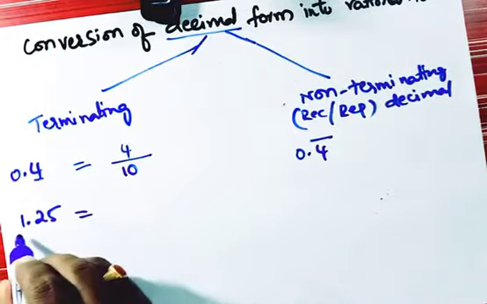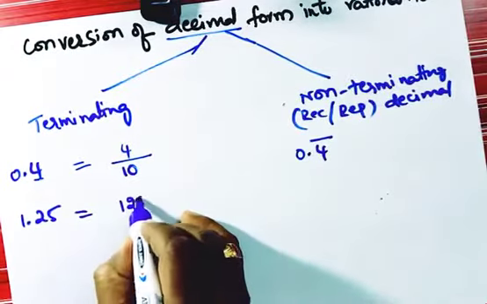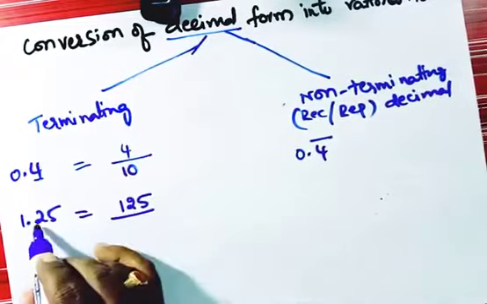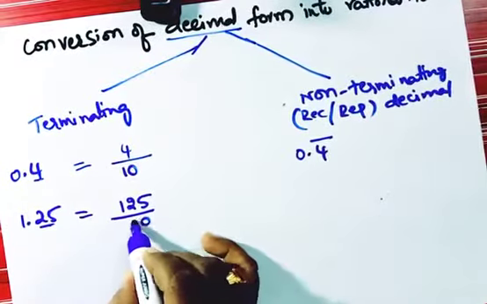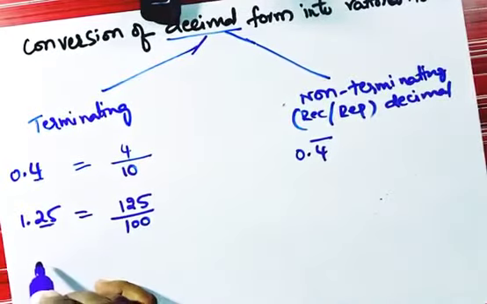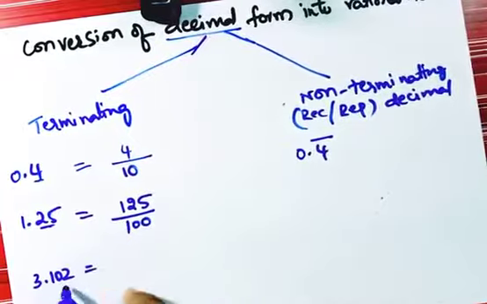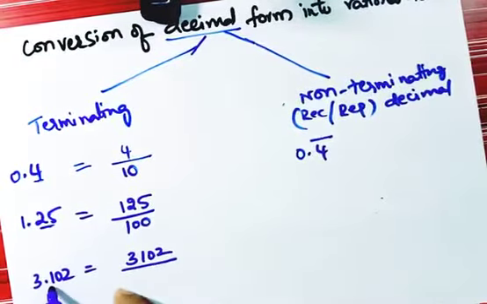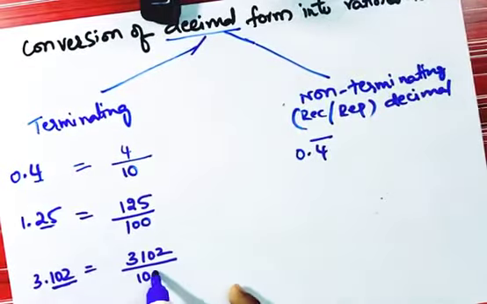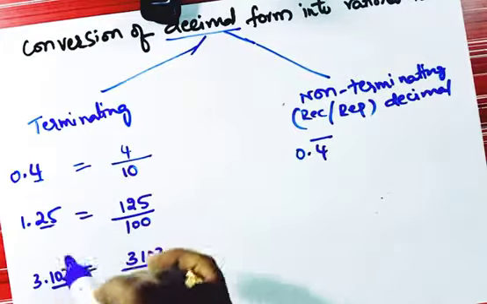The next number is 1.25, so write the total digits, 125 by 100, since there are 2 digits after the decimal point. If I take 3 decimal places, write down the total digits over 1000. So these are all rational forms of decimals. These are all terminating decimals.